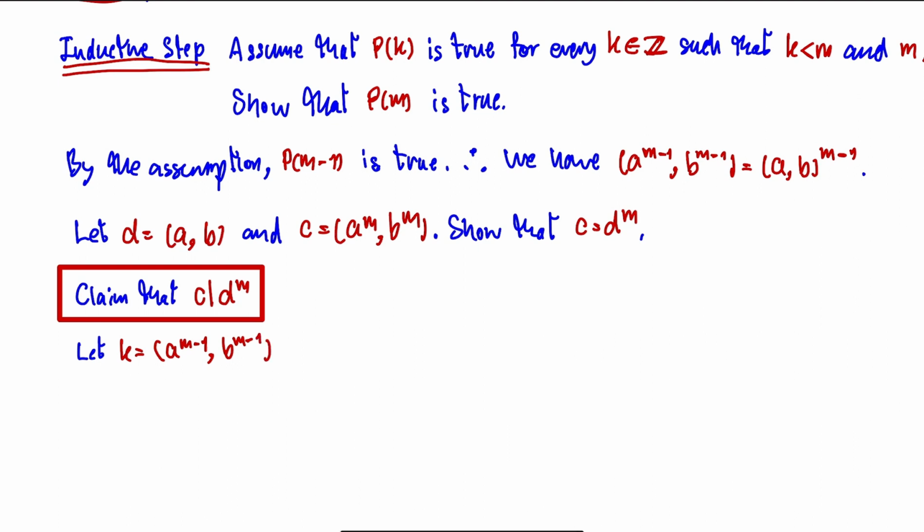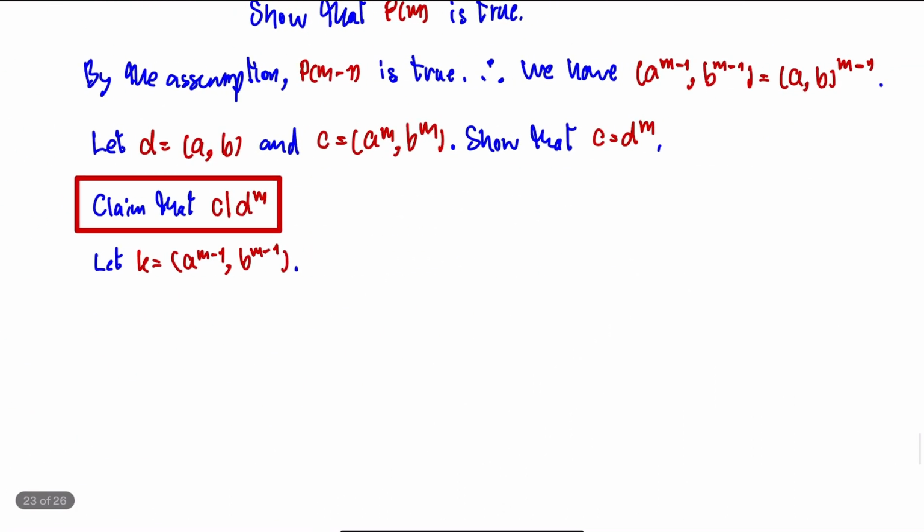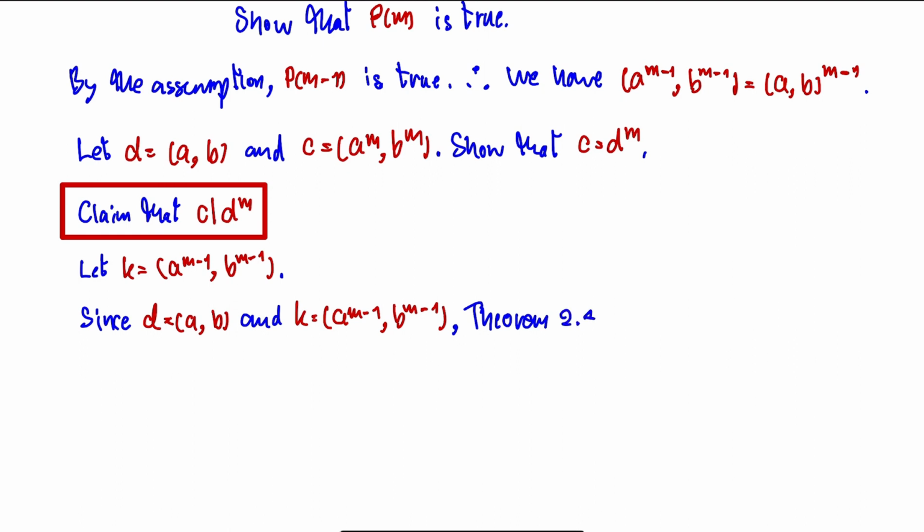Okay? And then let's use theorem 2.4.1. What is it? Since D is the greatest common divisor of a and b, and K is the greatest common divisor of a to the m minus 1 and b to the m minus 1, what does theorem 2.4.1 imply?